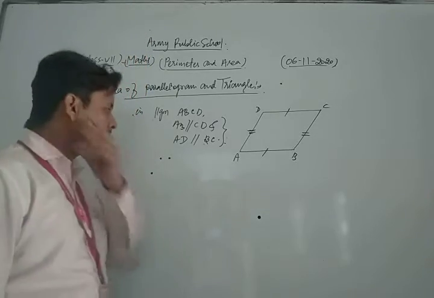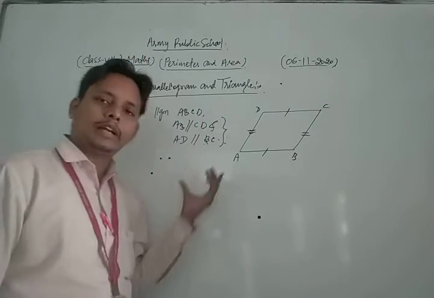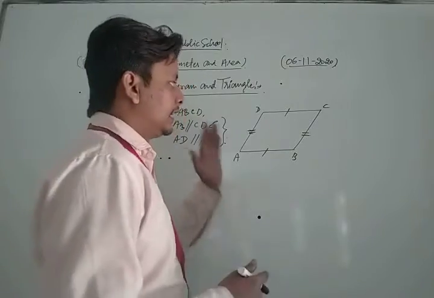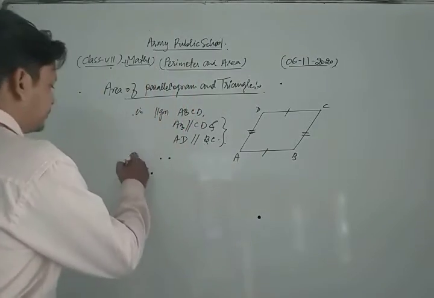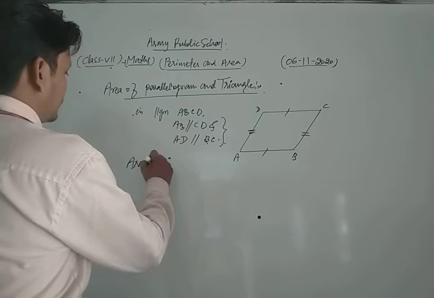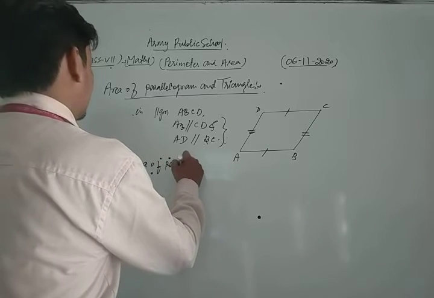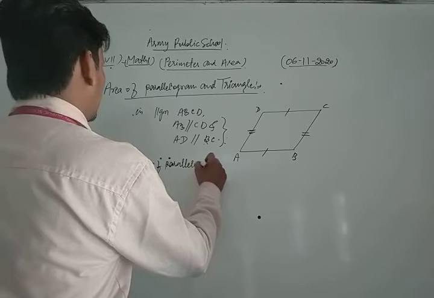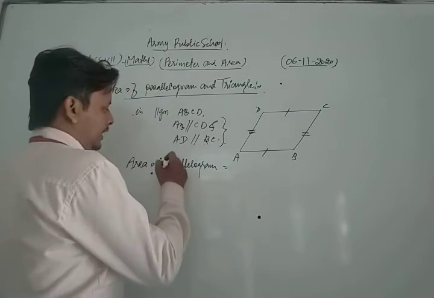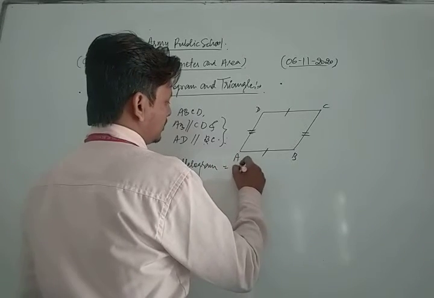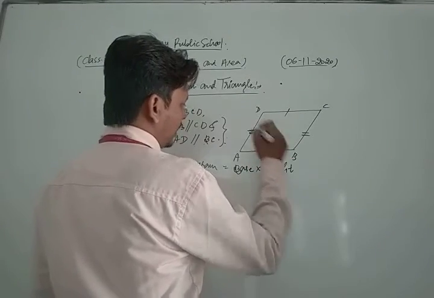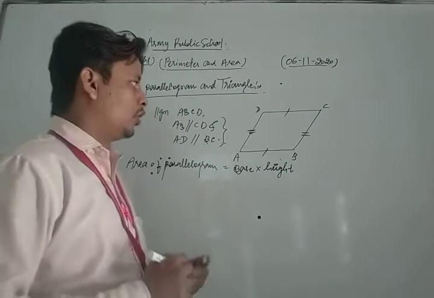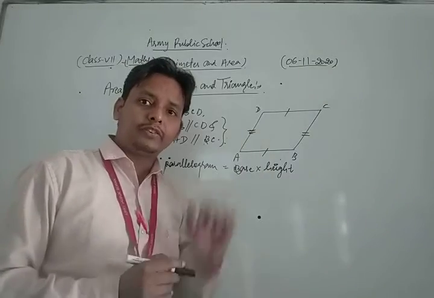Now, dear friends, what is the area of that parallelogram? The general formula for the area of a parallelogram is base into height. Now, what is the base and height of that figure?